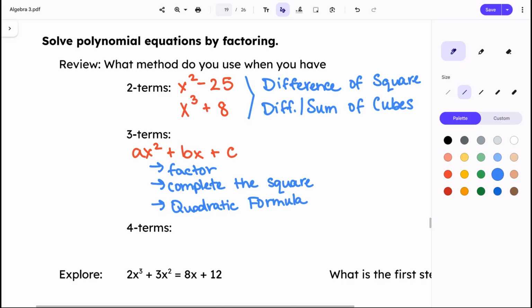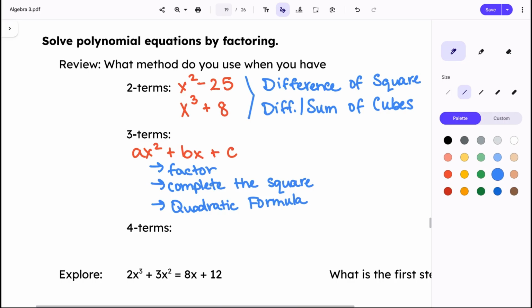We could also graph, but we haven't really gotten too far into graphing yet. We talked about vertex form with graphing and just using transformations, but we really haven't gotten into the details of graphing quadratics yet. But we've talked a lot about factoring, and then last week we talked about completing the square and the quadratic formula.